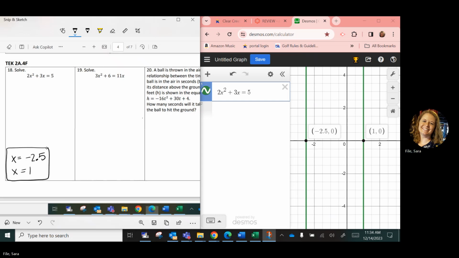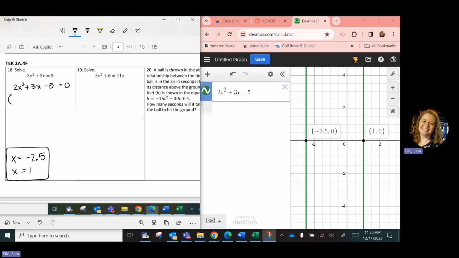That's it. Now, yes, I could do this algebraically by hand. If I subtracted that 5 over and looked at this, I subtracted the 5 over, so now it's set equal to 0, and I could factor this. This goes with what we were just doing on factoring.